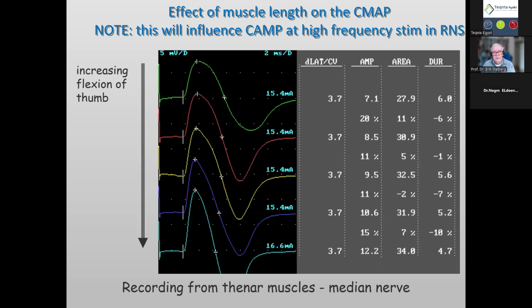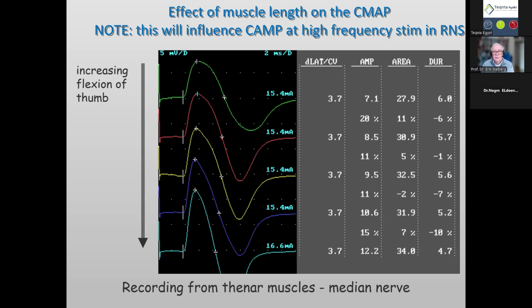And sometimes people do a high frequency repetitive stimulation. Then during the high frequency repetitive stimulation, the muscle becomes shorter and shorter, and we cannot do the recording of, for example, the decrement during the ongoing train of high frequency.